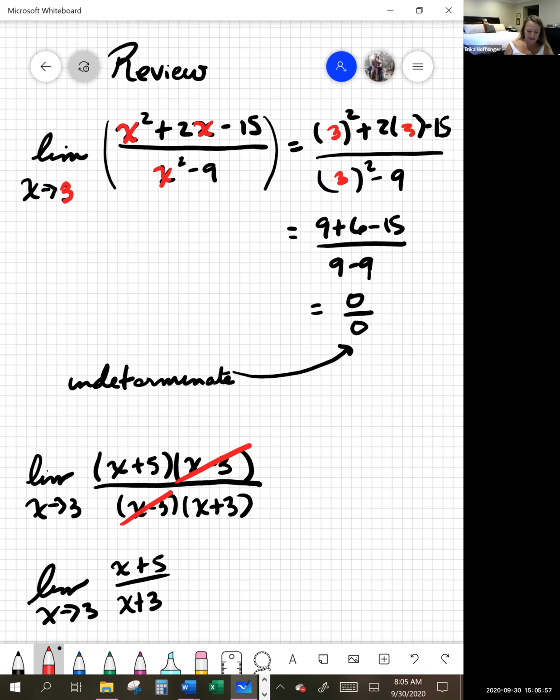So go do the same thing, go in, plug in 3 wherever you see an x. So we get 3 plus 5 all over 3 plus 3. So we have 8 over 6, which reduces down to 4/3.